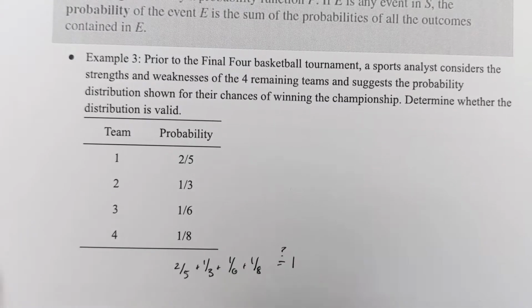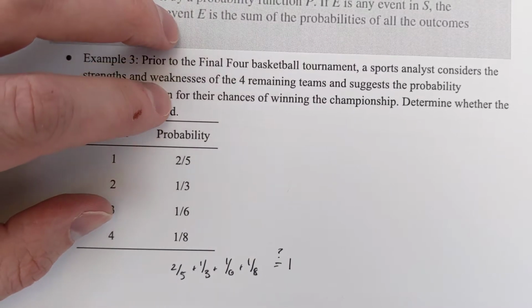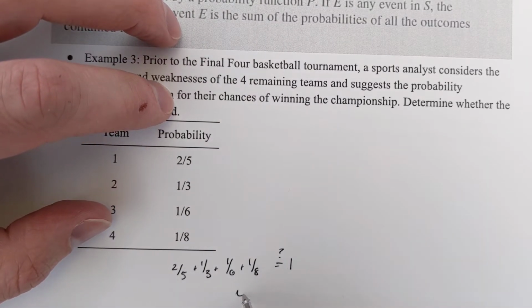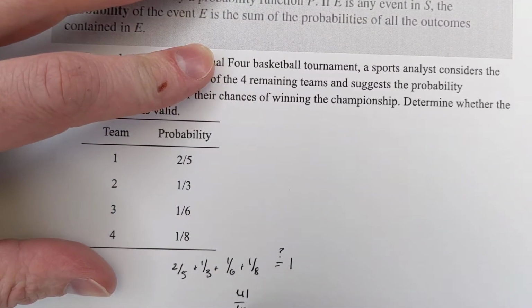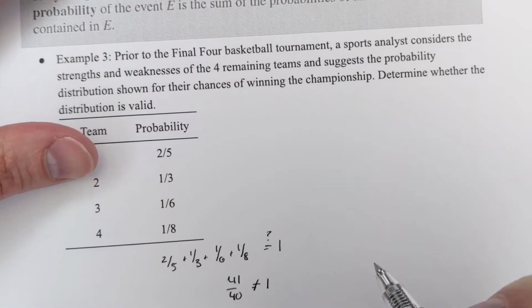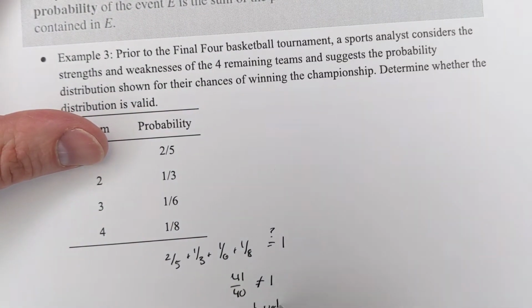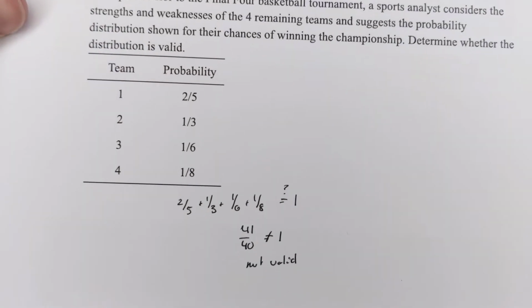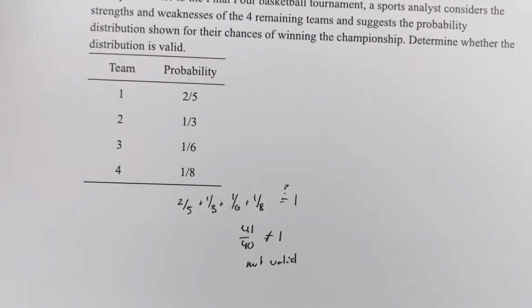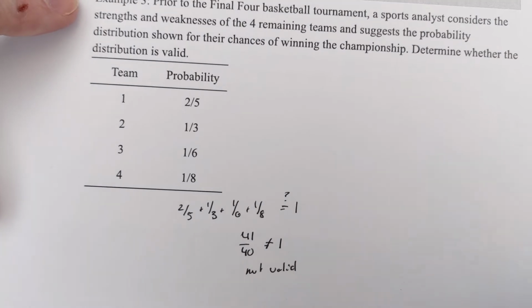If I add those up, I get 41 out of 40, which is not equal to 1. So this is not a valid distribution. The likelihood of all the events occurring is more than 1, and that can't happen.